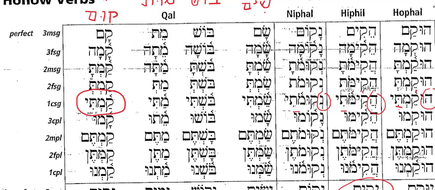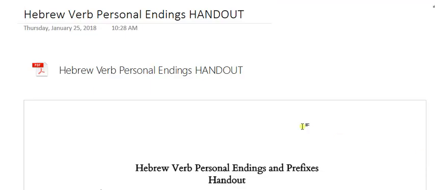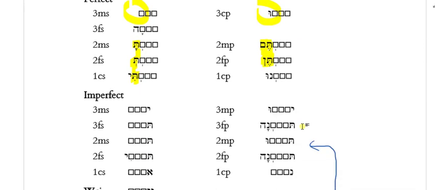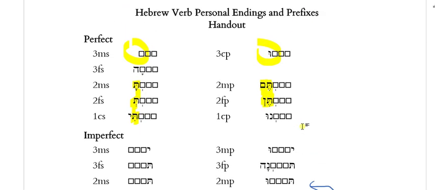Trying to remember where I saved that. Here we go. This is from the last time I was marking it up in front of students. But notice that among all the perfect personal endings, there's no holem vav there.